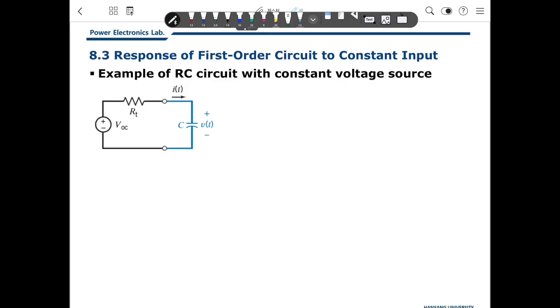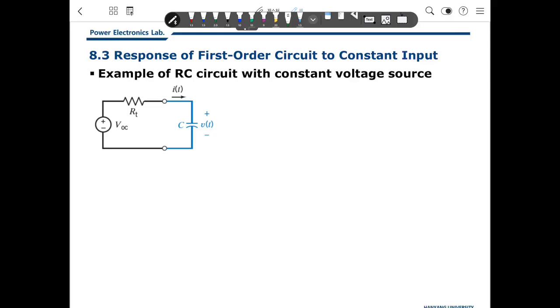This is a first-order circuit in the case of constant input. Maybe this is your first example of solving a first-order electric circuit. This is the first step.